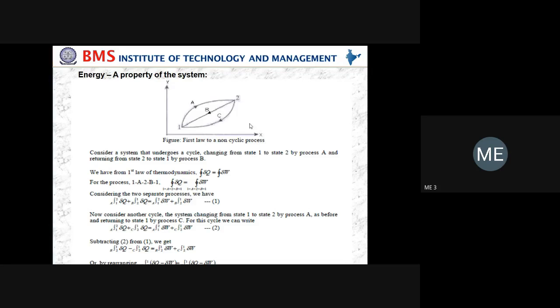Here again we can tell that it is a cyclic process because the initial and final states are identical. In thermodynamics, concentrate more on PV diagrams and TS diagrams. You have to draw this diagram showing all paths and all state points.